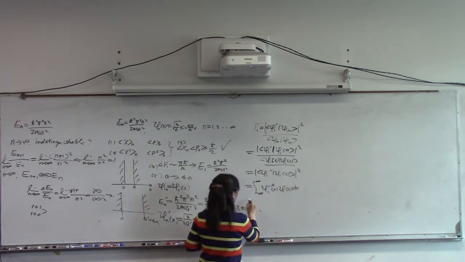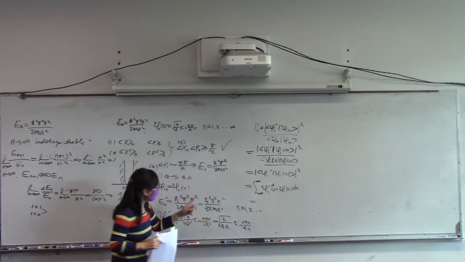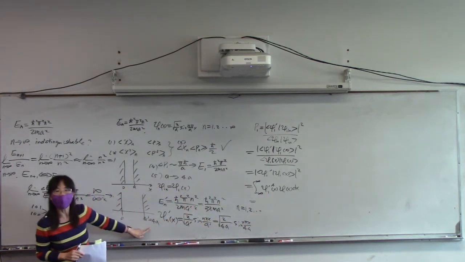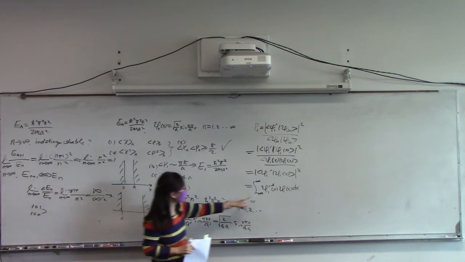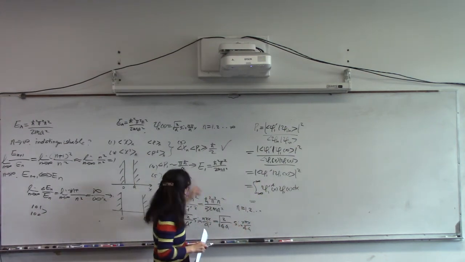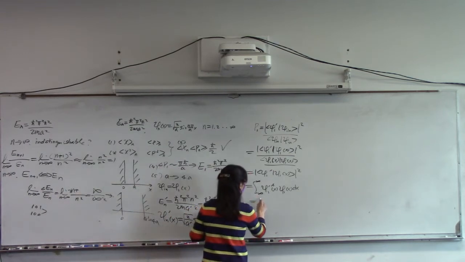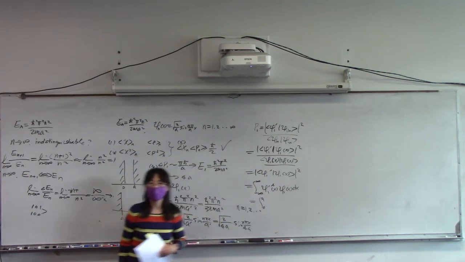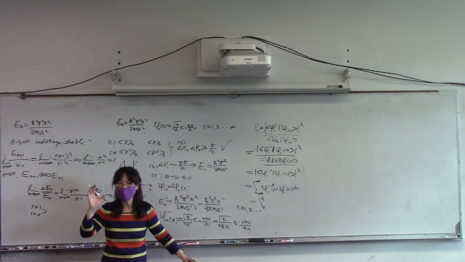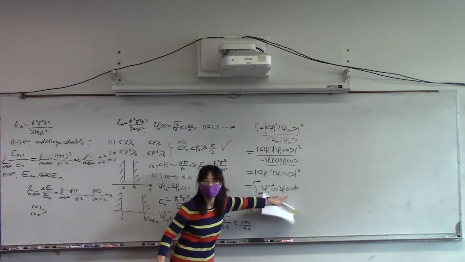That is this. Then we go to the next. Here, psi 1 prime is from 0 to 4a. But this product, psi 1, is only non-zero from 0 to a, right? Otherwise it is 0. So this interval is up to here, right? Not to 4a. That makes sense? Because in other cases this function is all 0.